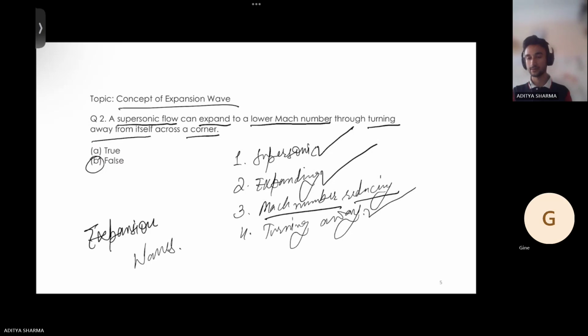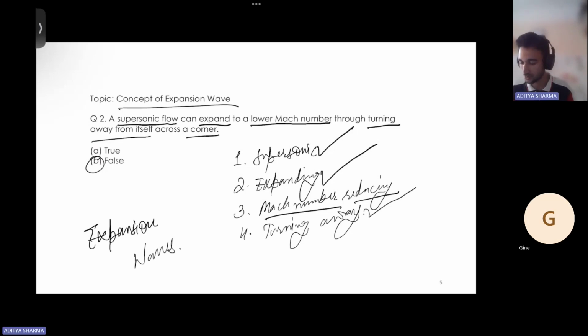As we just discussed in expansion waves, if there is expansion, the Mach number increases. The point that the Mach number is reducing, as mentioned in this question, doesn't add up to the whole scenario.